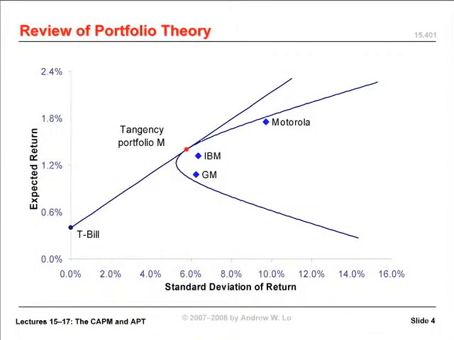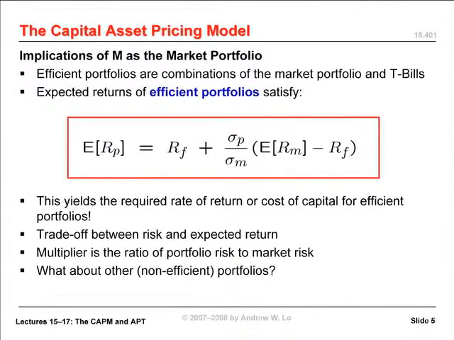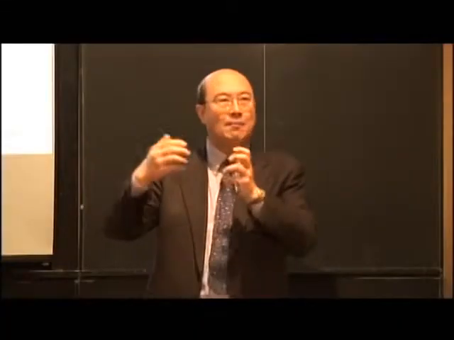So the capital market line, the equation for that tangency line is given by this. The expected rate of return is equal to the risk-free rate plus some kind of risk premium, where the risk premium is given by a multiple of the market's risk premium, or the market excess return, okay?